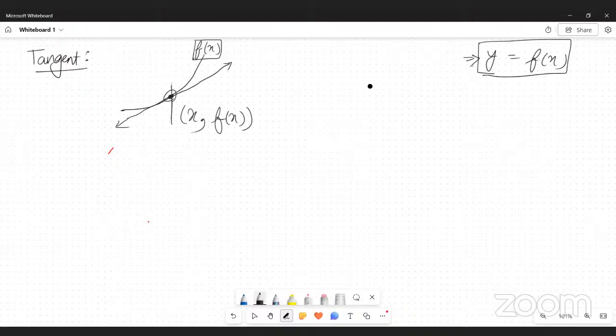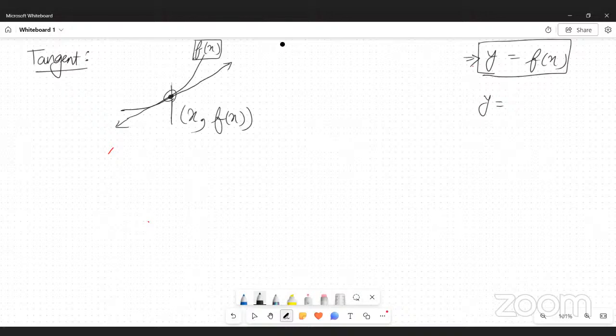So for our ease, we can just take something easy. Can you tell me a function? Bhavna, tell me a function, any function of your wish. Sir, should it be a polynomial?